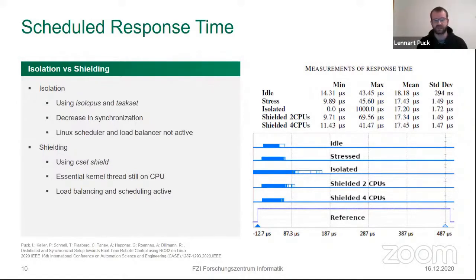Then we looked at what threads were running, and there were over 50 threads running from ROS2 and OpenSplice DDS. So we thought it might be a bit much for just 2 cores, and then we enabled 4 cores in the shield. And then you can see we got our best results with around 41 microseconds. So the stress didn't interfere much with that anymore.